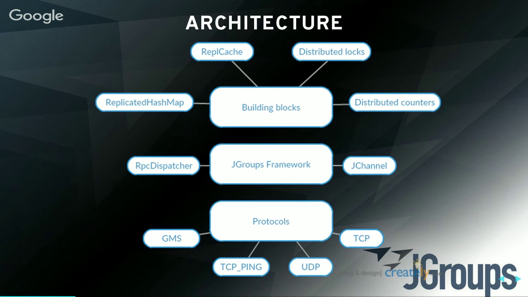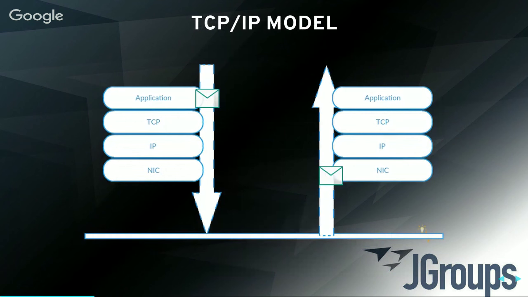The JGroups model and how JGroups behaves is very similar to TCP/IP. In the TCP/IP model, an application creates some kind of message and sends it through the socket, and then TCP kicks in, providing transport, and IP providing routing. At the bottom of the stack, you have your NIC, which is basically your hardware.